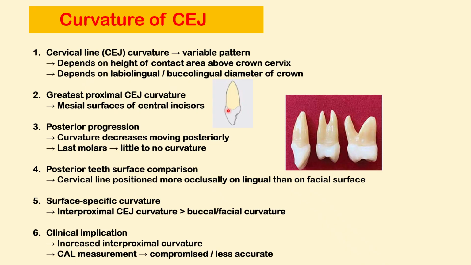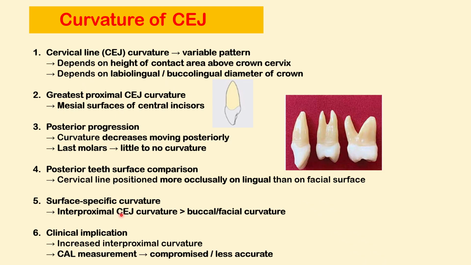The CEJ curvature decreases moving posteriorly. The last molars have little to no curvature, and in the posterior teeth, we can see that the cervical line is positioned more occlusally on the lingual than on the facial surface.